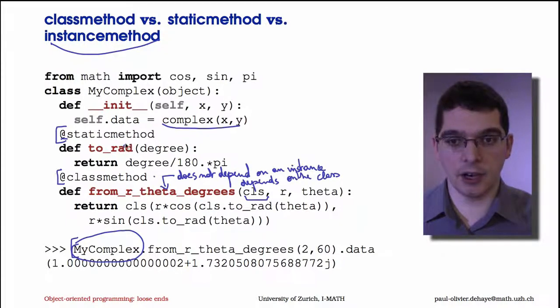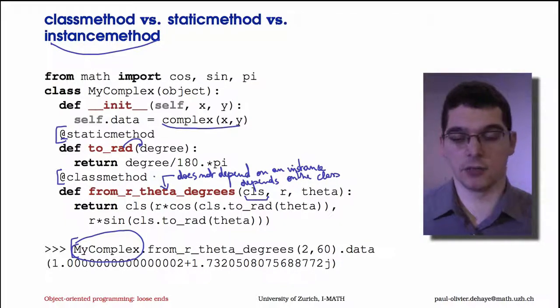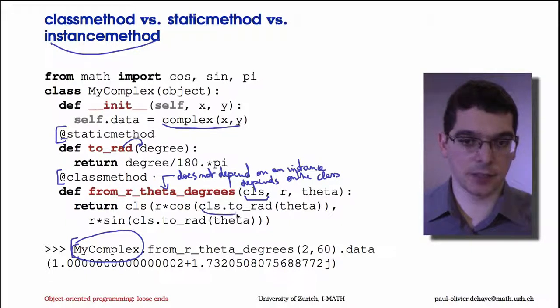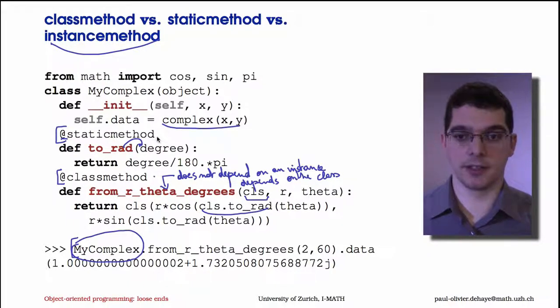It doesn't need any argument passed here. It just works on its own to do toRadians of some degree, and then it should return the radians. Okay, so this makes sense as a way to call it, but you don't need to have class passed as an argument because it doesn't depend on either the instance or the class itself. So in this case, this is a static method, and this is indicated by this decorator.